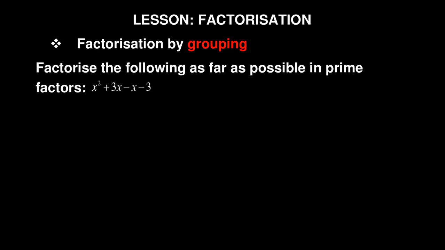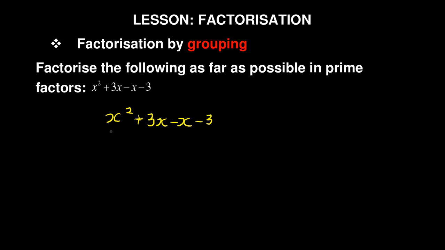For example, if I rewrite that, you are given x squared plus 3x minus x minus 3. At first it might be confusing to say how do I factorize that, but the moment they give you 4 items, what must quickly come in your mind is I need to group these.